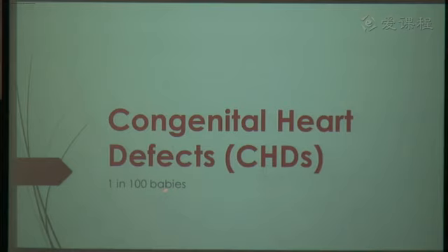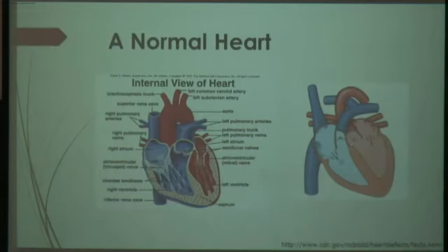It's a large collection of all sorts of defects, because the heart structure is actually very complex, as you can see here. This is the structure of a normal heart, and to the left is a static picture of the internal view of the heart. You can see there are actually 4 chambers here.